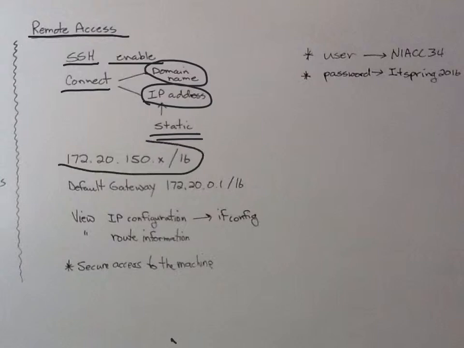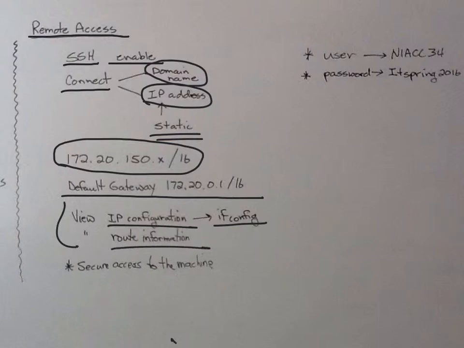We had these addresses here, so we assigned them to the servers, and then I gave them the default gateway. They should be able to view the current configuration, route information, and IP configuration. And they needed to create secure access to the machine.